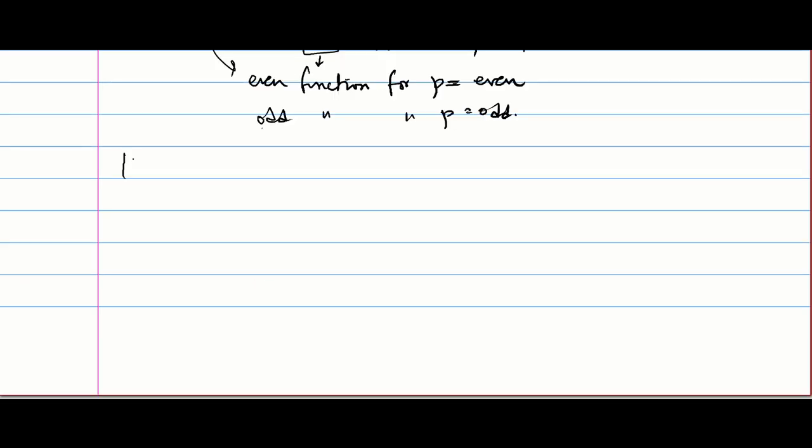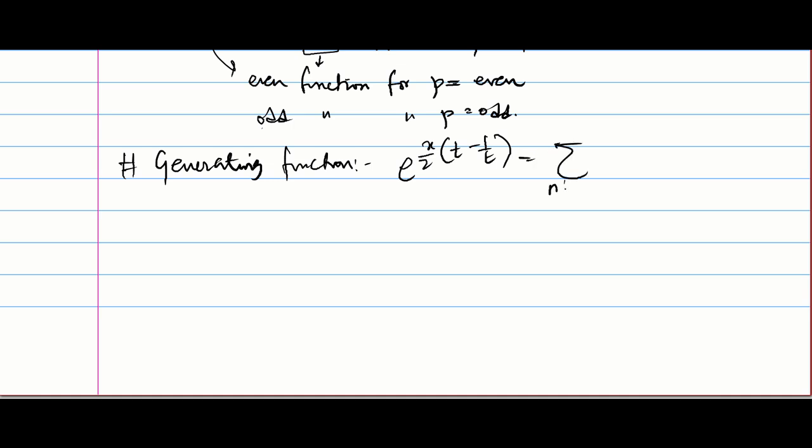Now the generating function, using which we can generate Jn(x) or Jp(x), would be e to the power (x/2)(t minus 1/t), equals the sum from n equals minus infinity to plus infinity of t to the power n times Jn(x), or you can say Jp(x).